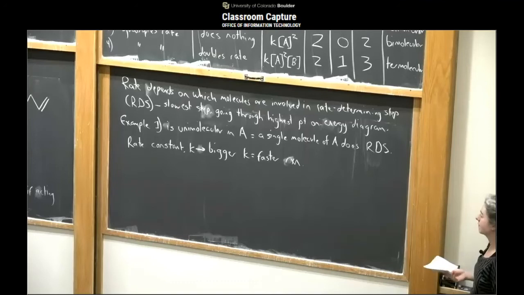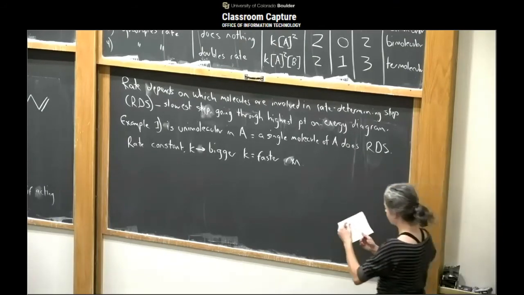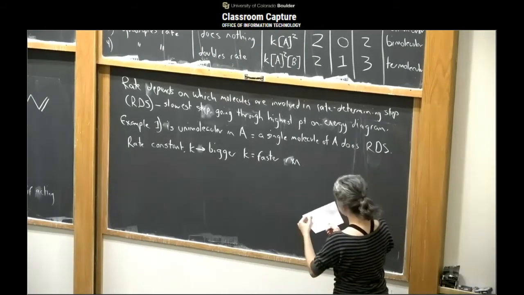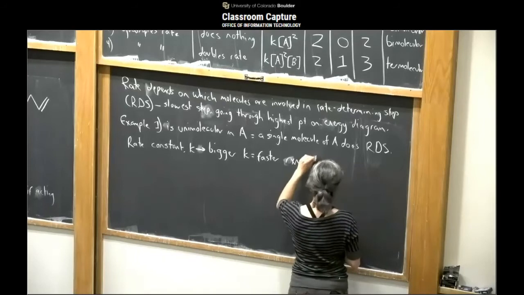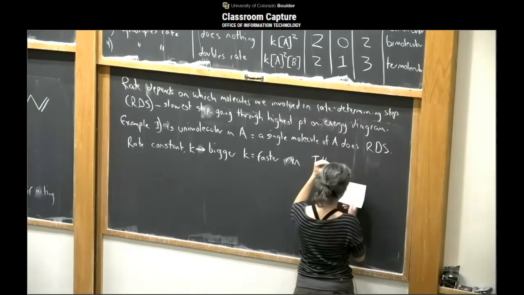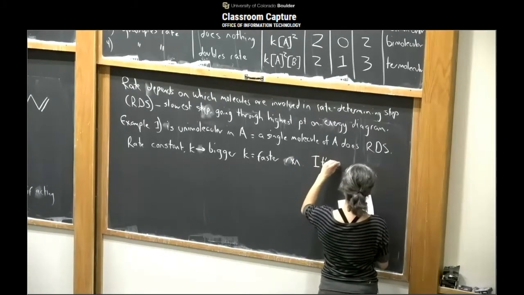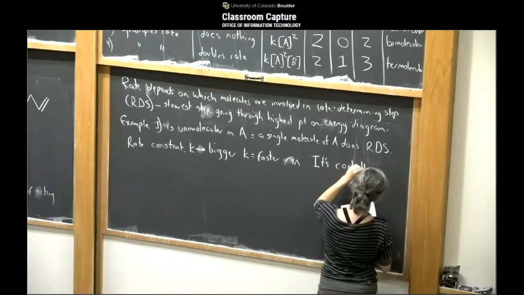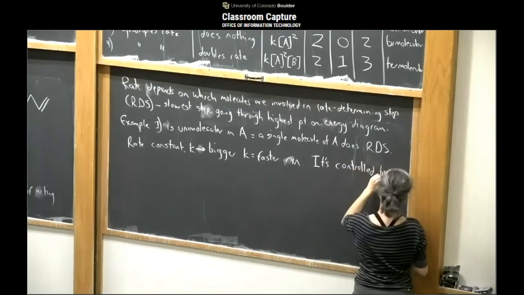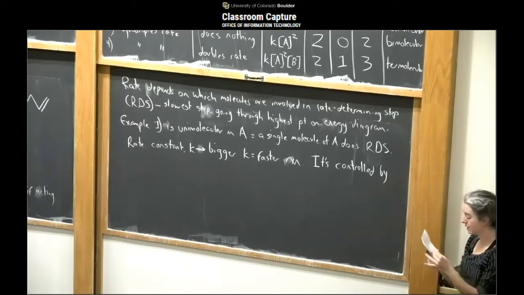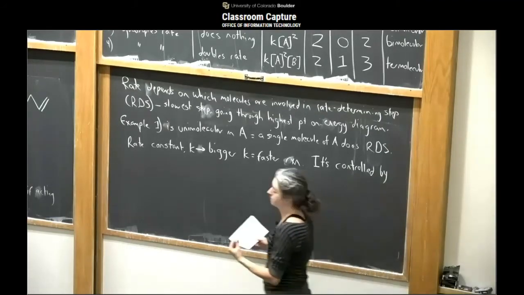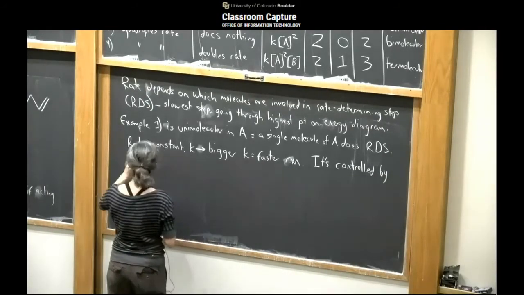For a very specific example of a reaction, it'll have a particular value of k under a given set of circumstances. But in general, k is determined by two main factors. One is the ΔG double dagger of the reaction, which we saw a little bit in chapters 4 and 5.